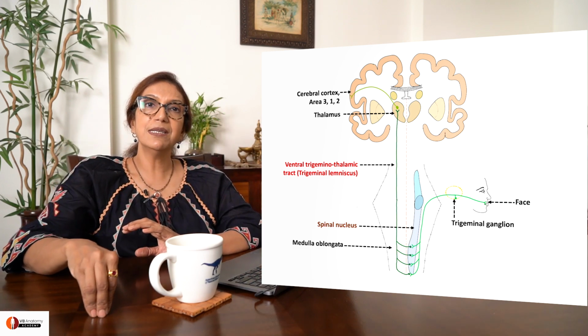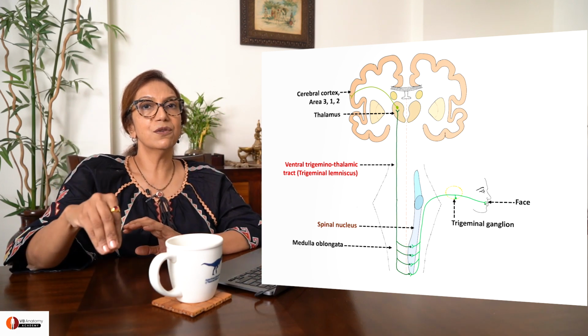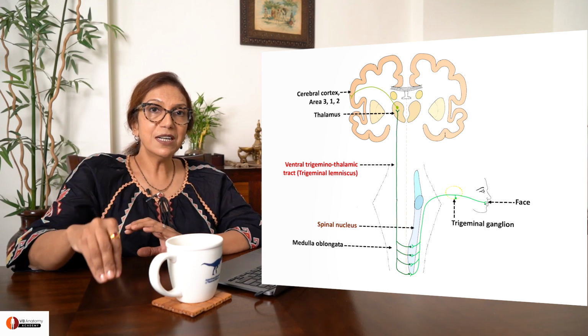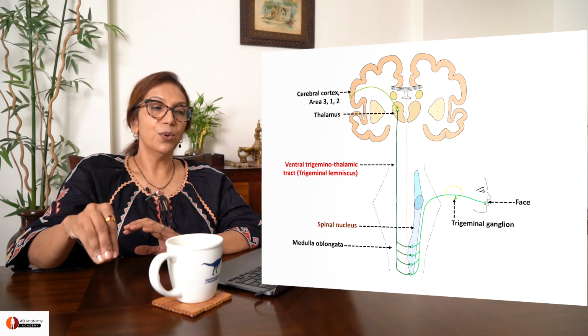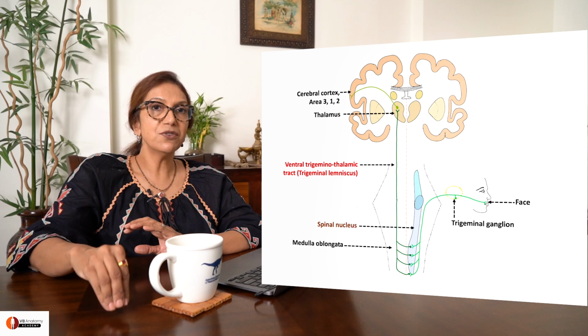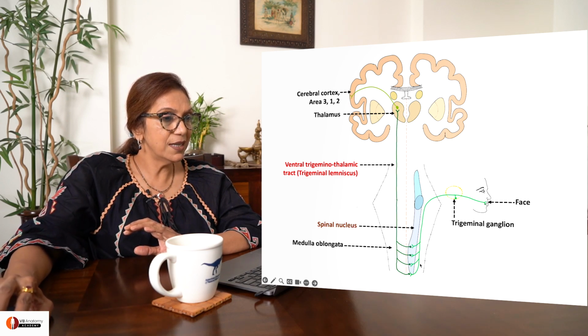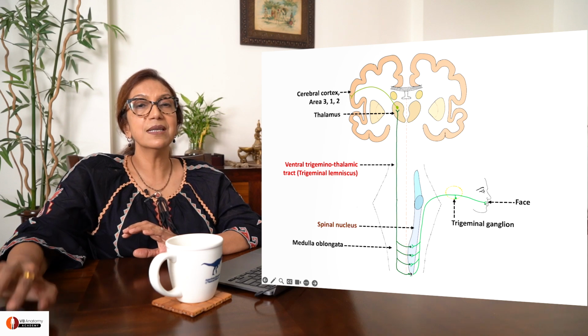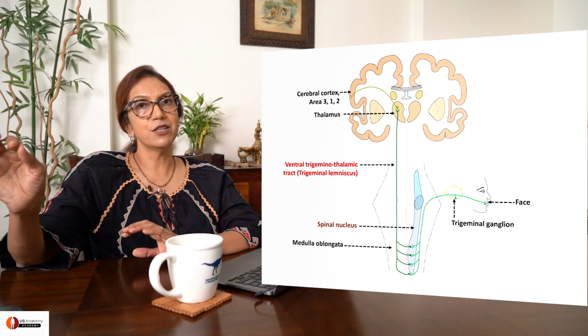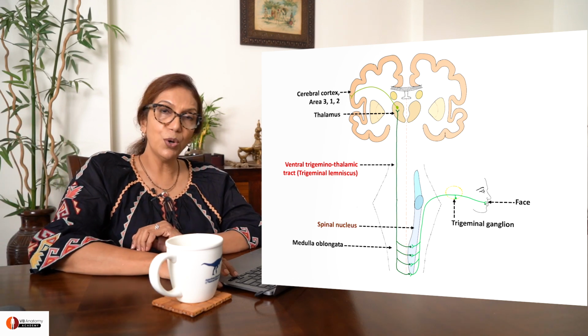Which is the nucleus involved? Spinal nucleus of trigeminal nerve. Which is the tract that carries this? The tract carrying it is ventral trigeminothalamic tract. And these fibers here, which are descending downwards to spinal nucleus, are the spinal tract of trigeminal nerve. Okay, have you got this?